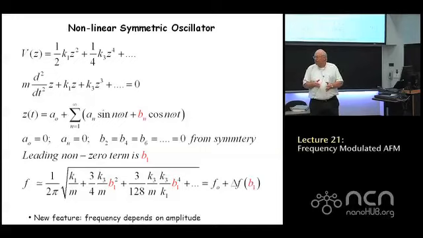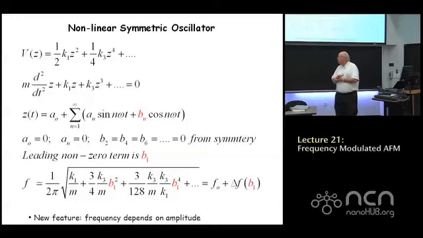If the oscillation frequency is independent of amplitude, of how far you displace the particle from its equilibrium position, then it's probably quadratic, a pretty good approximation. But if the frequency starts to depend on amplitude, then that's a clear indication that you've got a nonlinear problem.